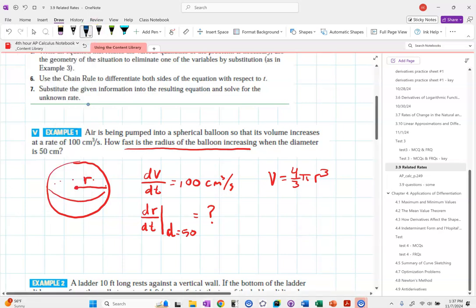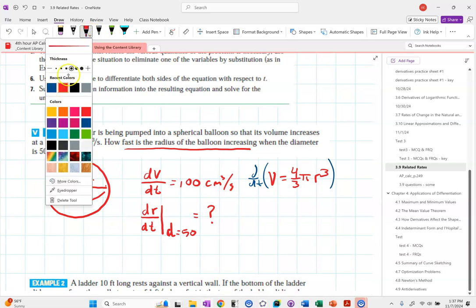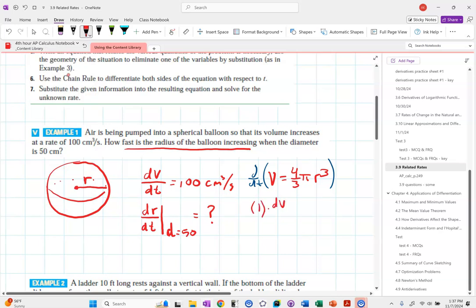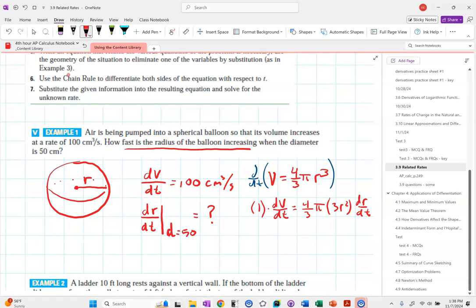So if I take the derivative with respect to time of both sides, the derivative of volume with respect to time is 1 times dV/dt, right? The 4/3 pi is constant, so it can just pull out front. The derivative of r cubed is 3r squared dr/dt, just like we did with implicit differentiation. Everybody feels so far so good?